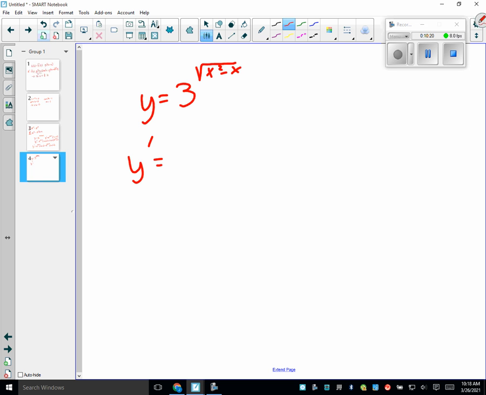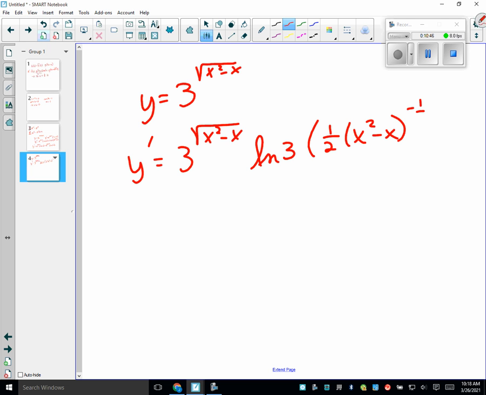Okay. y prime is 3 radical x squared minus x, right? ln of what? ln 3 times 1/2 x squared minus x to the negative 1/2.